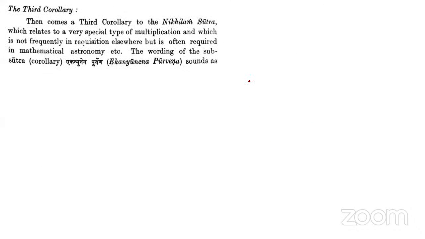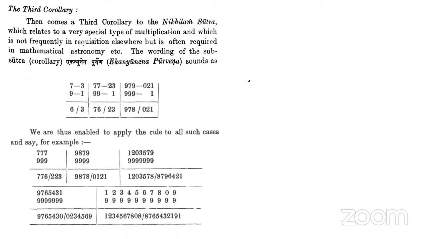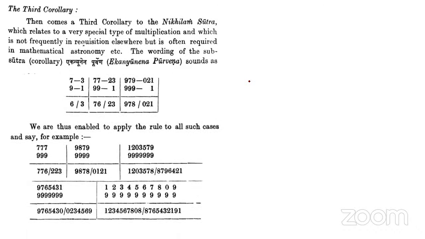So the next type is Swamiji uses the Eka Nunena Purvena concept here. This is a multiplication with a mono digit, that is nines, multiplication of any number with nines like this.